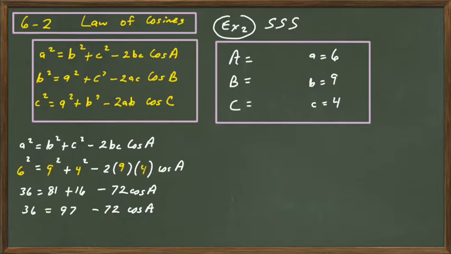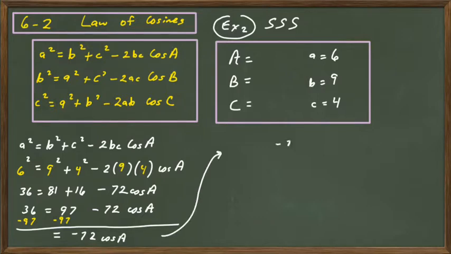So I think we're fine to here, but I need to do what? Subtract the 97. So if I subtract the 97, on the right I'd have negative 72 cosine of angle A. On the left, what would I have? Negative 61.